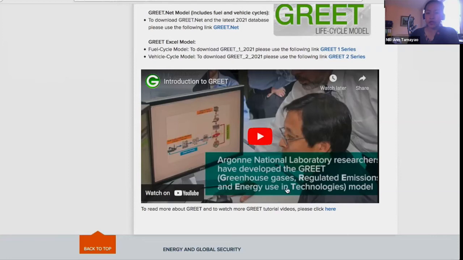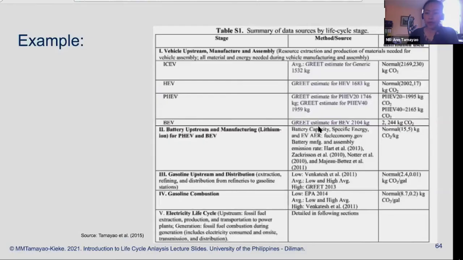GREET stands for Greenhouse Gases, Regulated Emissions, and Energy Use in Technologies. Going back, as you can see, there is some academic literature as well, and some estimation techniques. And here you can see the different values and the distributions used.